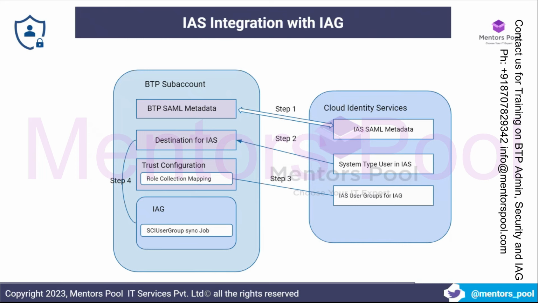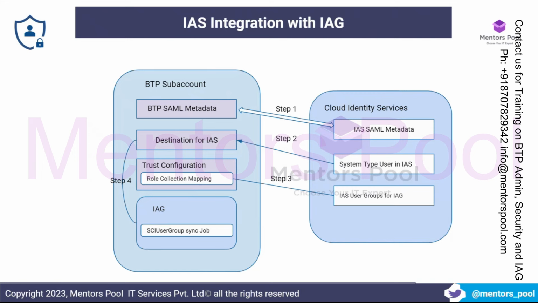The first step for integration is going to happen with the BTP platform. Let's say you have subscribed to IAG in a BTP sub account, and that IAG wants to use IAS as an identity provider.